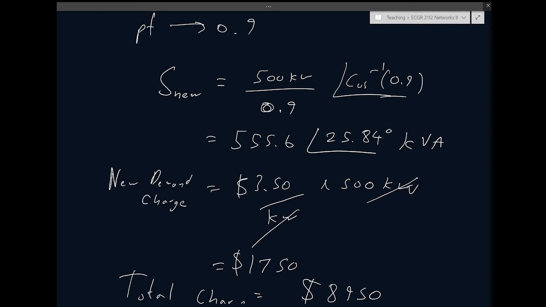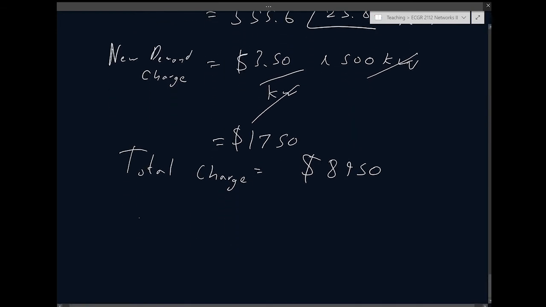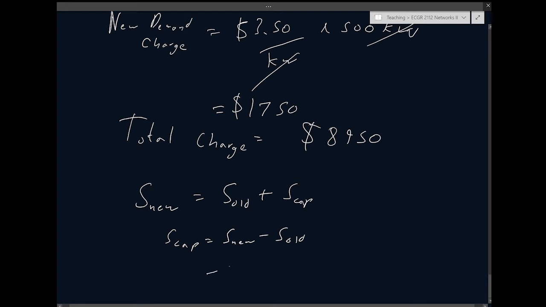Right, so the way to calculate the amount of capacitors is as follows. We know that S new equals S old plus S cap. So S cap equals S new minus S old. But we already know what S new is and what S old is, right?